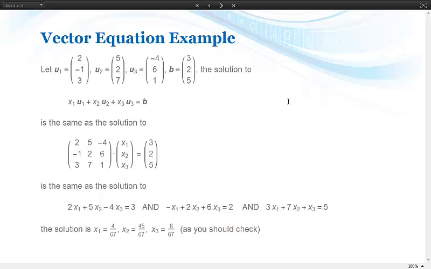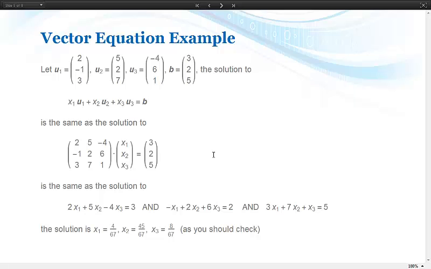Here's an example. Suppose I have these three vectors, u1, u2, u3, given as follows, and b, the constant vector. Then if I can find a linear combination of these vectors, something times u1 plus something times u2 plus something times u3 that add together to give b, then that has the exact same solution as this matrix vector equation because of the equivalence that we just looked at. Because this says that x1 times the first column plus x2 times the second column plus x3 times the third column must be the b vector.